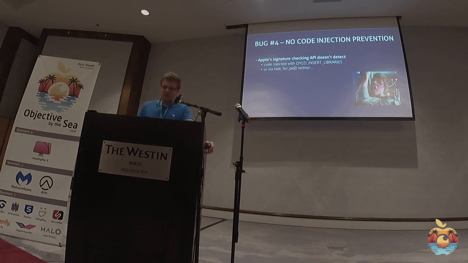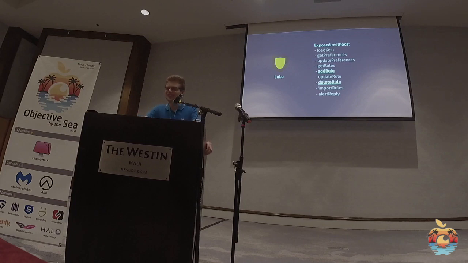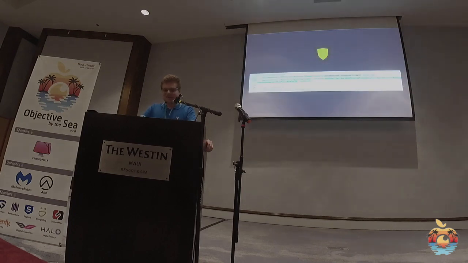And that was the case, for example, in Lulu, our firewall. Lulu's server exposed the following methods, like add rule or delete rule, because it's of course a firewall. Here is the fix. I have to say that Patrick was incredible, because he fixed that in one day or something. Yeah.